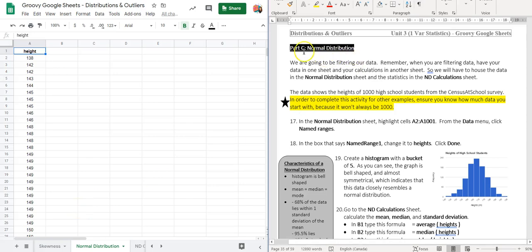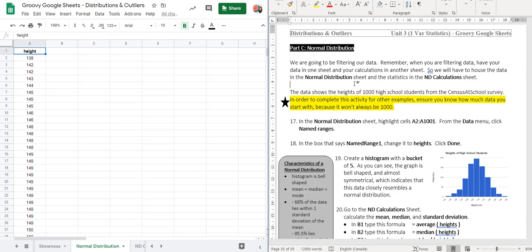In this video, we'll go over Part C of the Google Sheet activity, distribution and outliers, and we're going to be focusing on normal distributions. As we said above in Part B, there are 4 different ways you can determine whether a distribution is normal. The first criterion is whether the mean, median, and mode are either equal or very close to being equal.